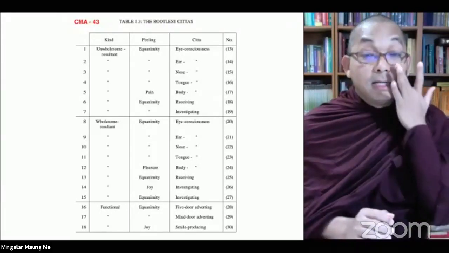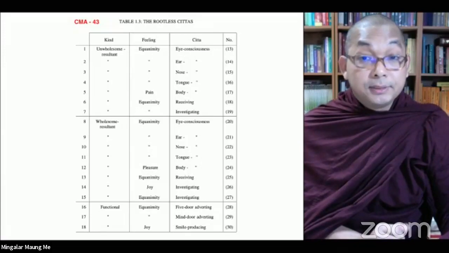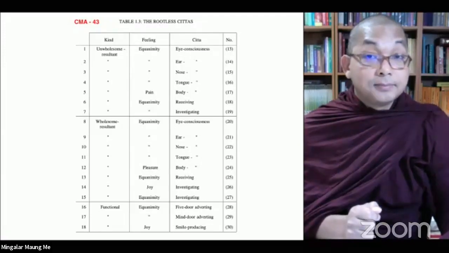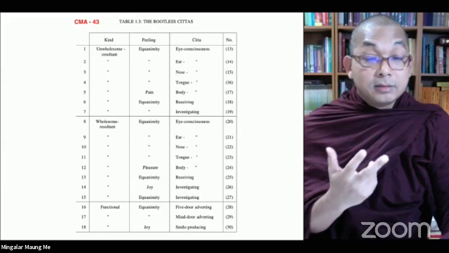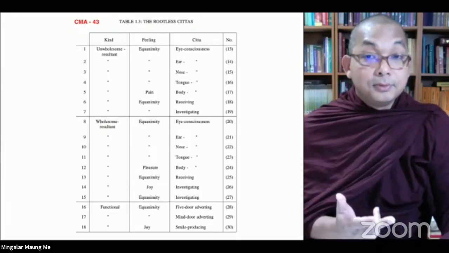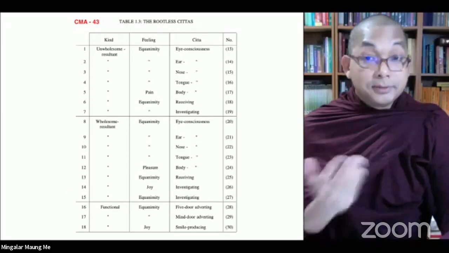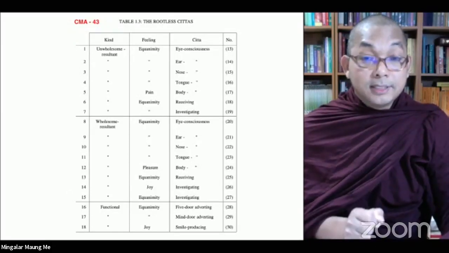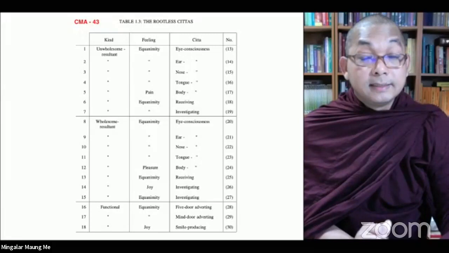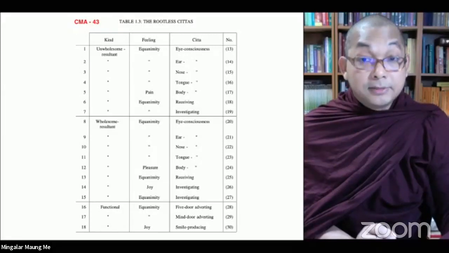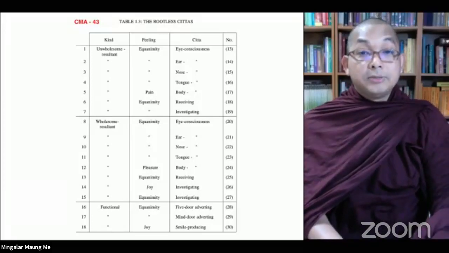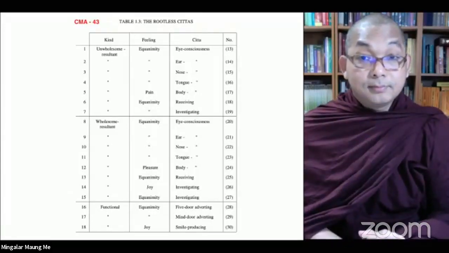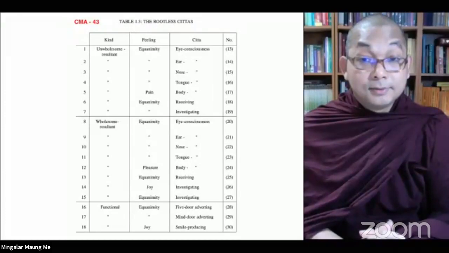Actually, they are neither wholesome nor unwholesome. We call them abyakata, indeterminate. The first 2 arise in the minds of everyone. The last one, smile producing, arises in the minds of Arahants and the Buddha. So I think Ahetuka chetas are important in our life. They are arising most of the time.